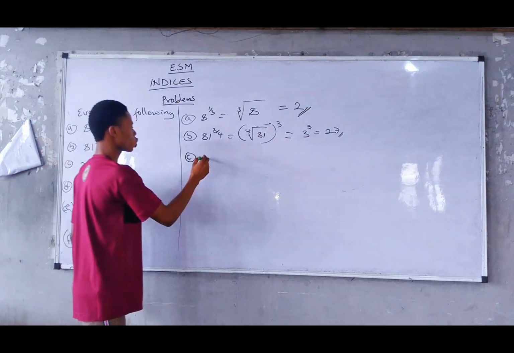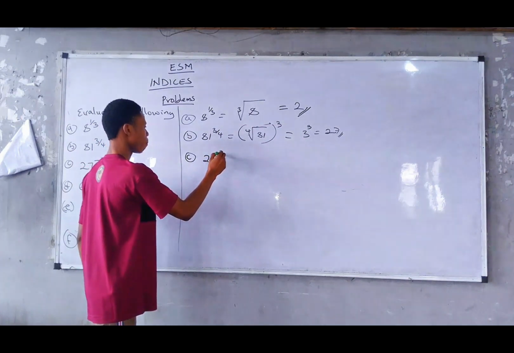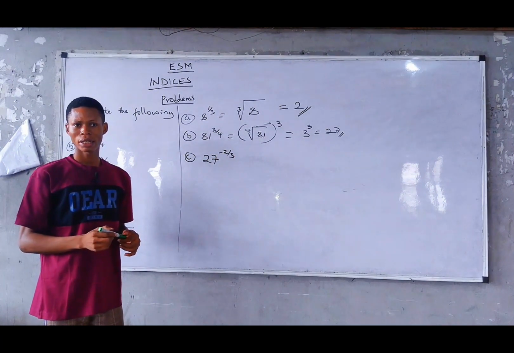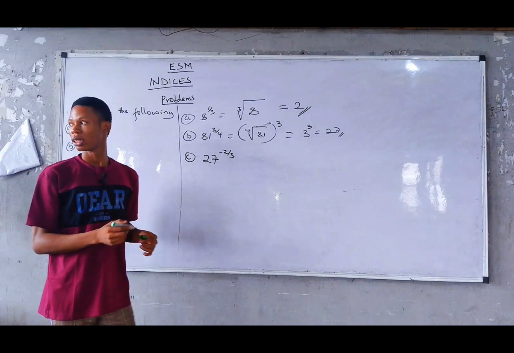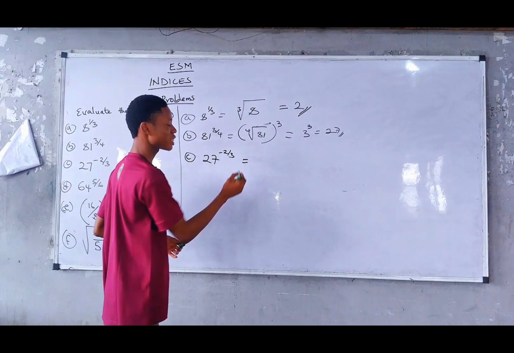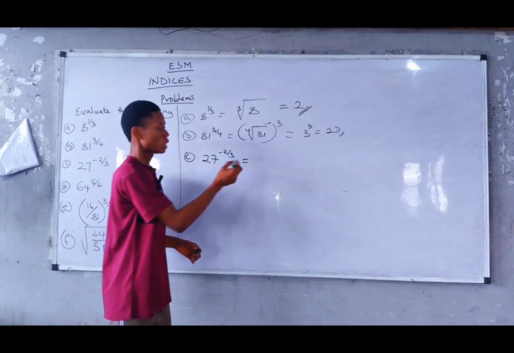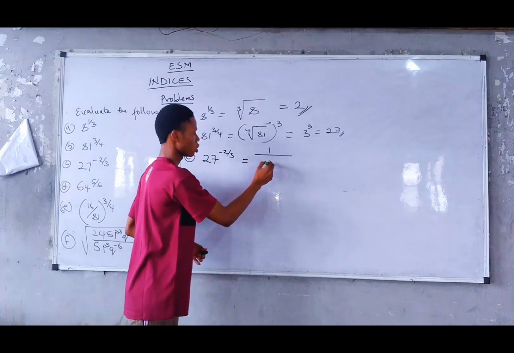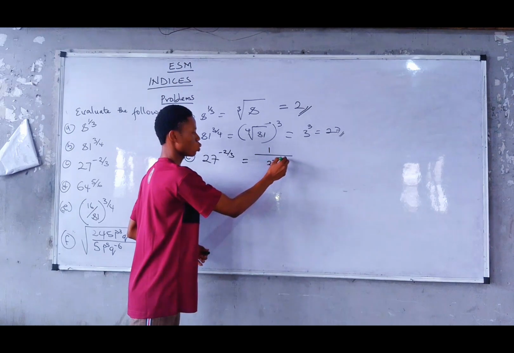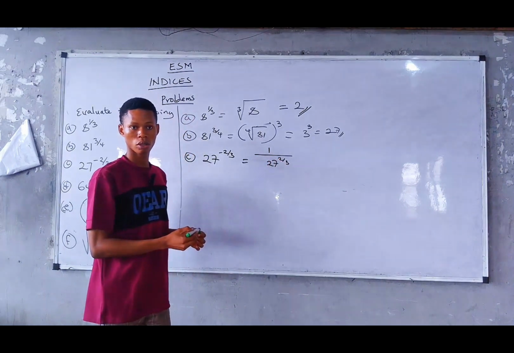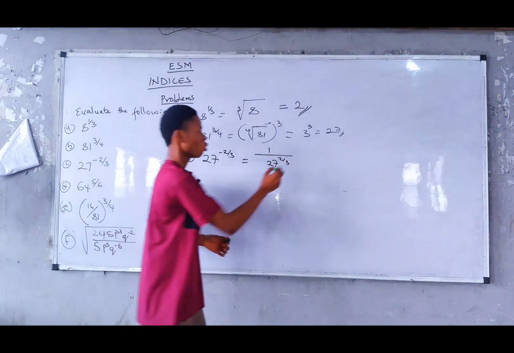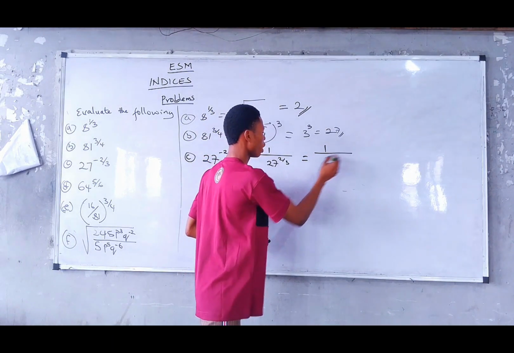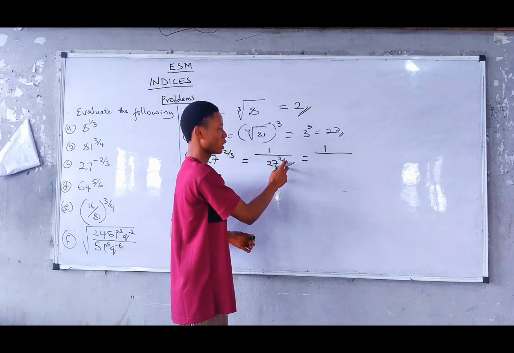C says 27 raised to power minus 2 over 3. What law are we going to apply here? Negative power law, right? Negative index law. And the negative index law, if you have something like this, this is same as what? 1 all over what? 27 raised to power what? 2 over 3. Is it not? We will apply the next law. This is the same thing as 1 all over 27 raised to power 2 over 3, which is the same thing as what?